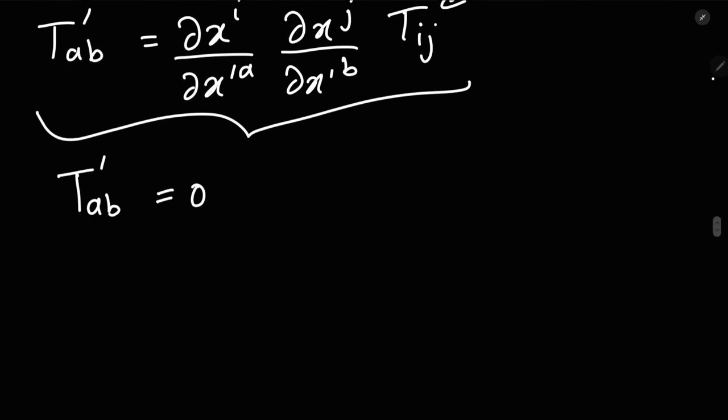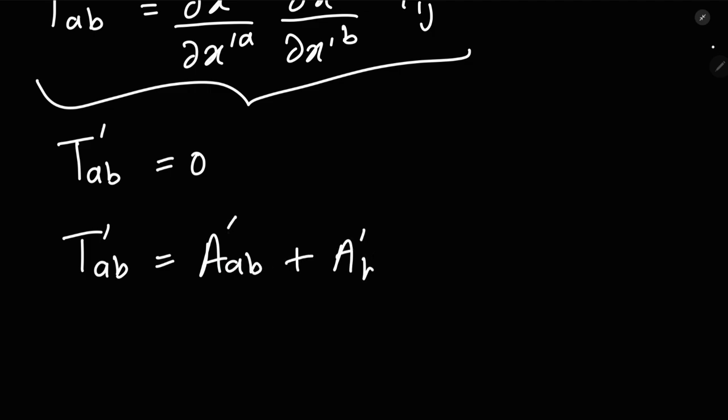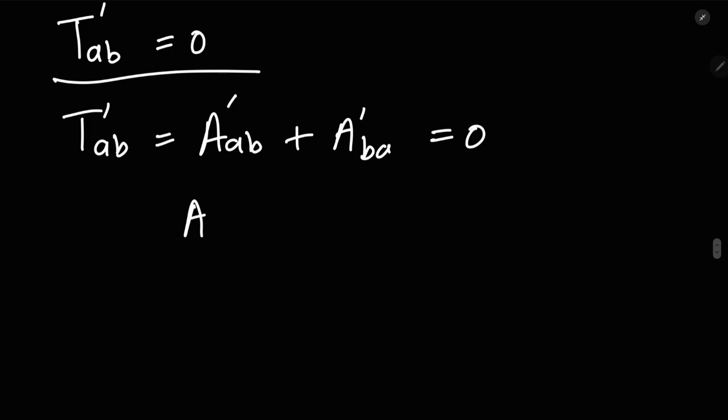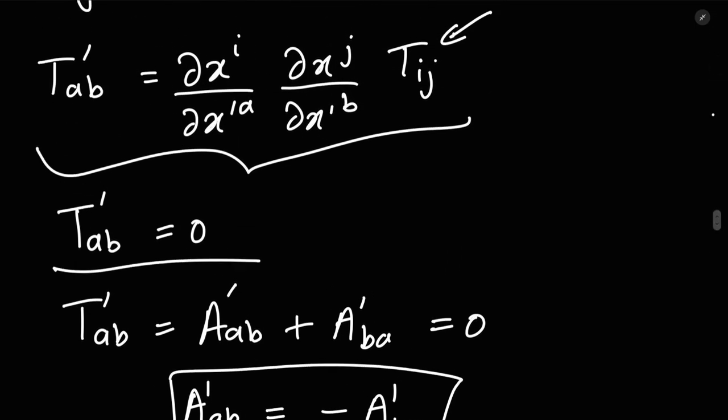Hence we can conclude that since T prime ab was A prime ab plus A prime ba, and since we proved that it is 0, A prime ab is equal to minus A prime ba. And we can see that Aij remains antisymmetric even in our new coordinate system. So I have used a property here to prove that an antisymmetric tensor remains antisymmetric.